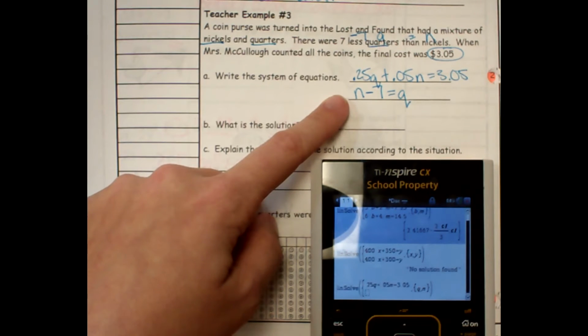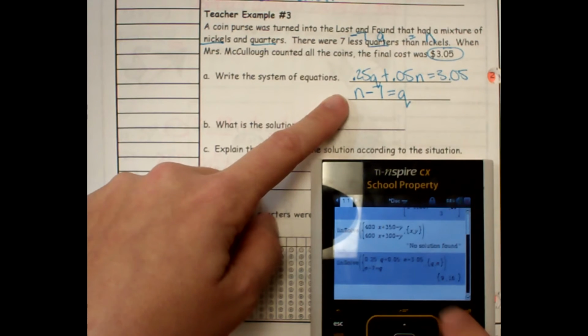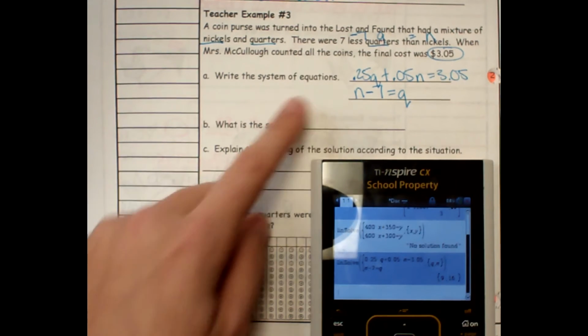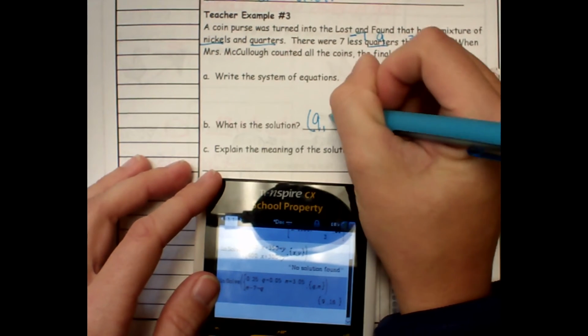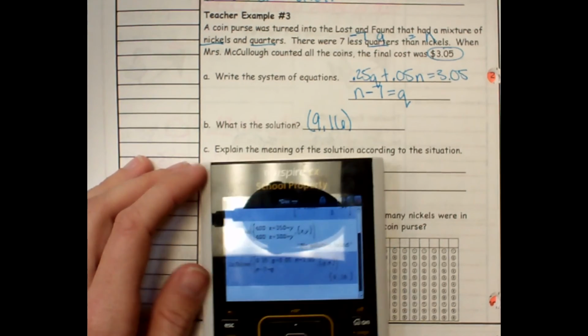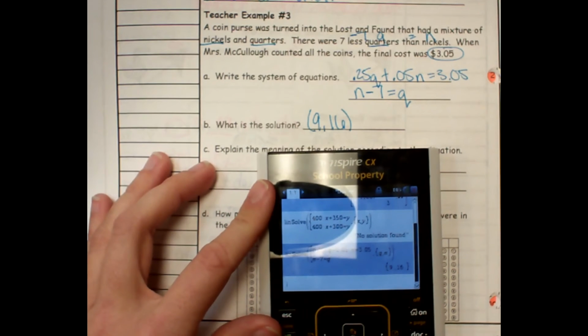And then N minus 7 is equal to Q. Where's Q? There's Q. Hit enter. So for once, we finally got back a solution. It's 9, 16.